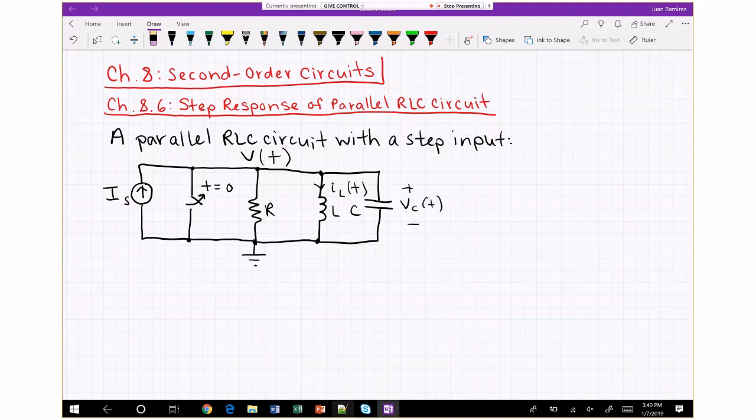By inspection, you could tell that v(t) is equal to vC(t). So similar to what we did in Section 8.4, which was the source-free parallel RLC circuit, we're going to do KCL at that only node, assuming the bottom node is the reference node.